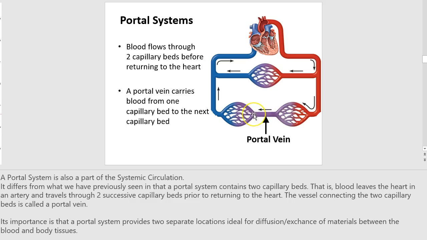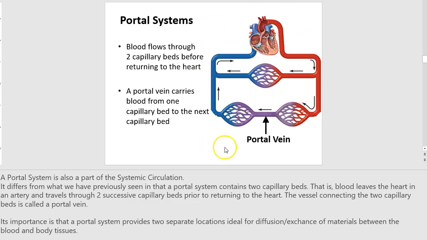This is called a portal vein before they diverge again into another capillary bed. This provides another location for diffusion to occur. I'll show you why that's important in just a second. And so this second capillary bed is a site of diffusion. The capillaries will merge once again, forming a vein that does return to the heart.